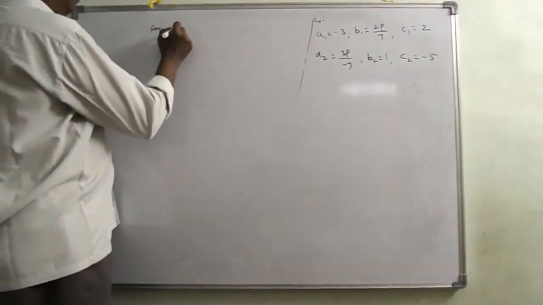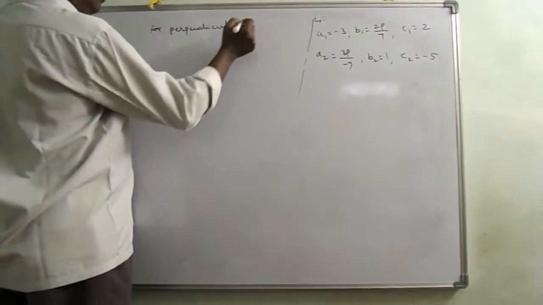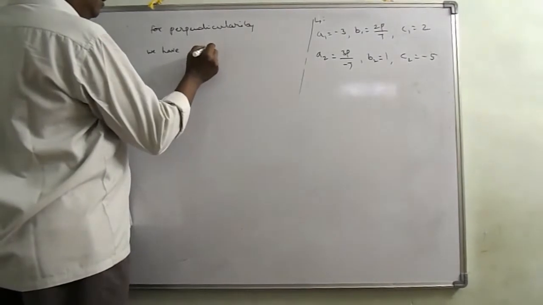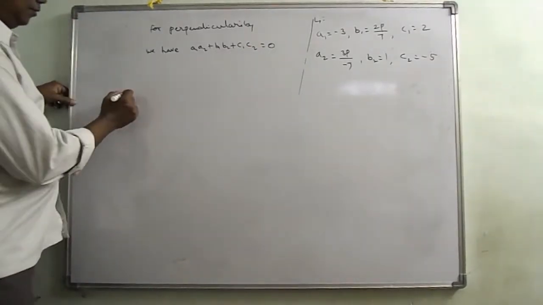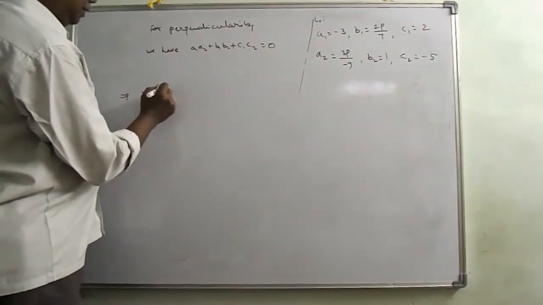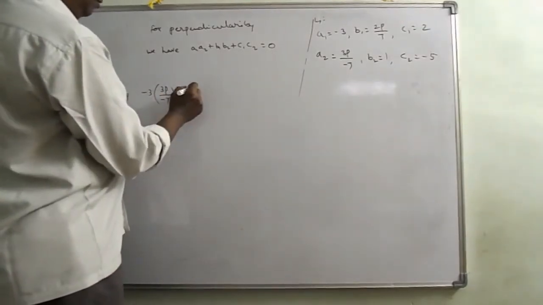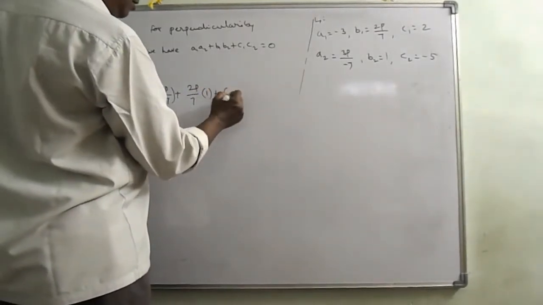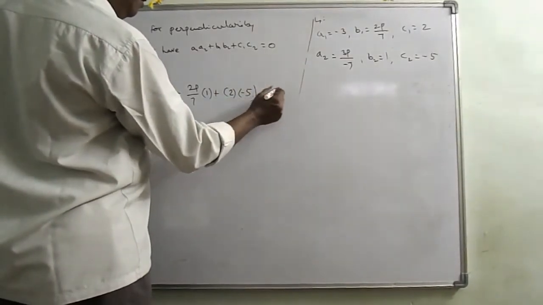For perpendicularity we have A1 A2 plus B1 B2 plus C1 C2 equal to 0, which gives A1 A2, minus 3 into 3p divided by minus 7, plus B1 B2, 2p by 7 into 1, plus C1 C2, 2 into minus 5, equal to 0.